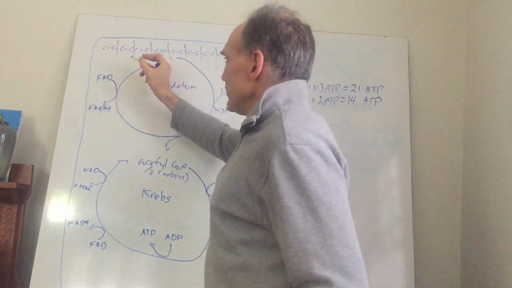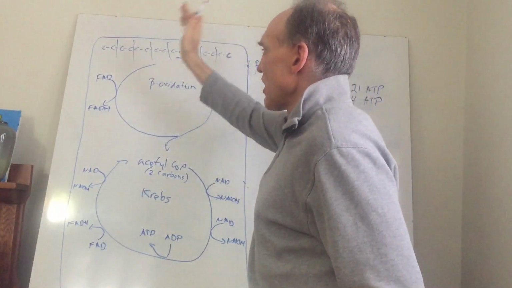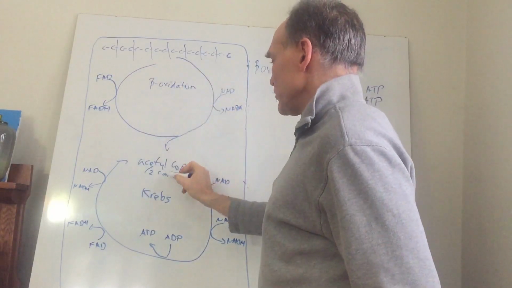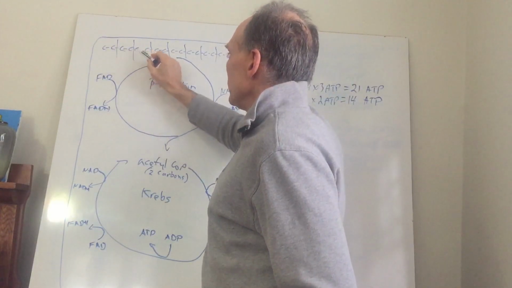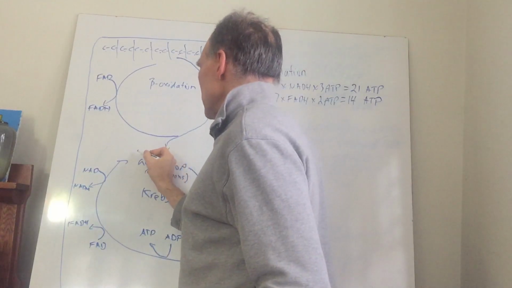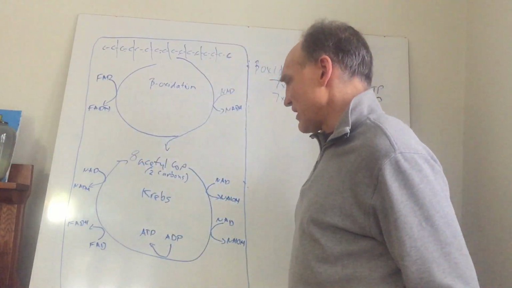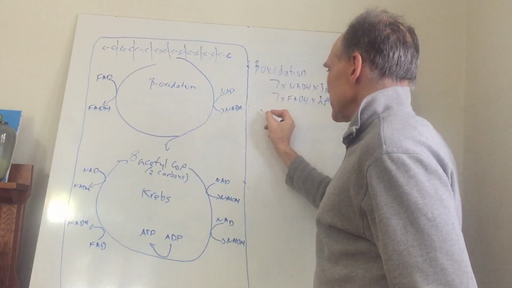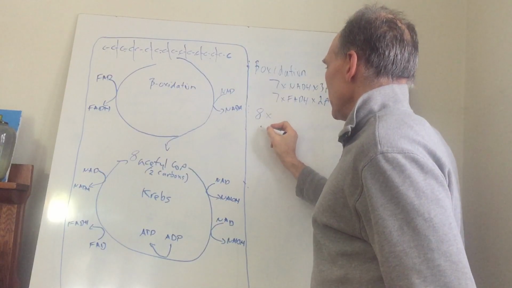Now, each of these 2 carbon molecules that's chopped off of the fatty acid chain is going to form your 2 carbon acetyl-CoA. So you end up having 1, 2, 3, 4, 5, 6, 7, 8 acetyl-CoAs that get produced from the breakdown of that fatty acid. So you have the Krebs cycle go around 8 different times. So you have 8 times your Krebs cycle.